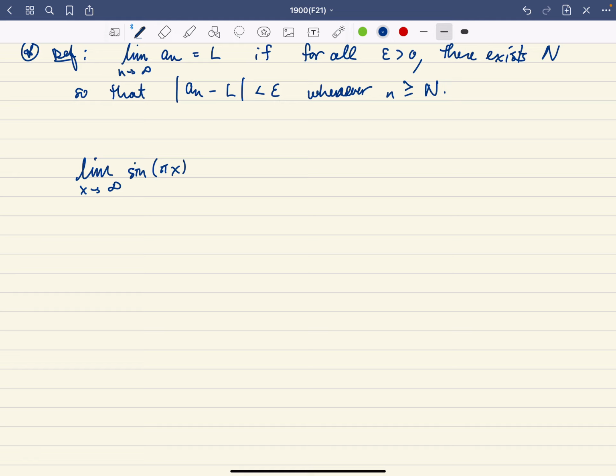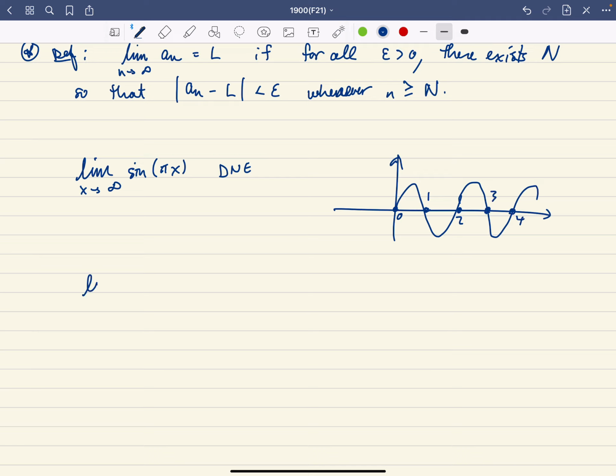But the limit of sine of pi x does not exist. If you graph sine of pi x, it's 0 at 0, 1, 2, and so on, and it's never going to settle down.